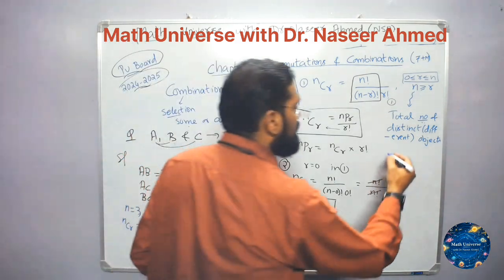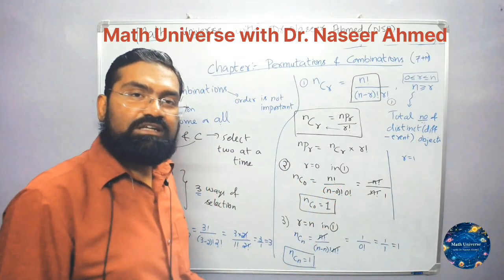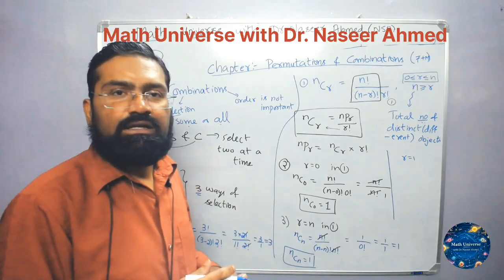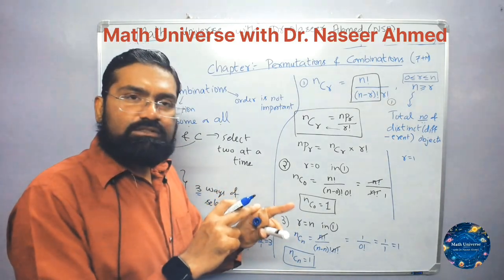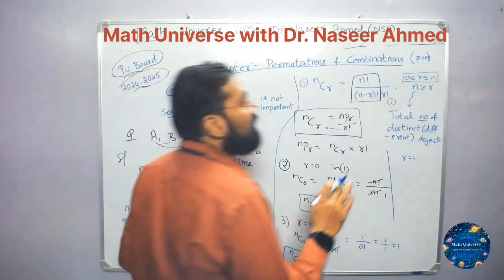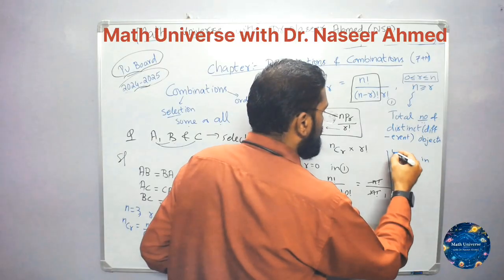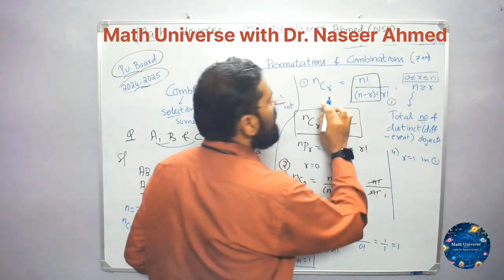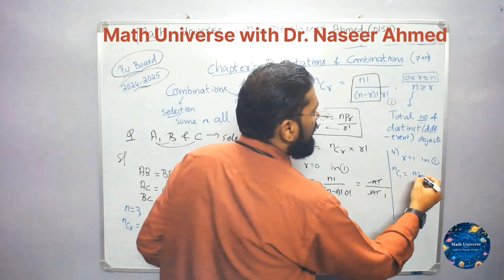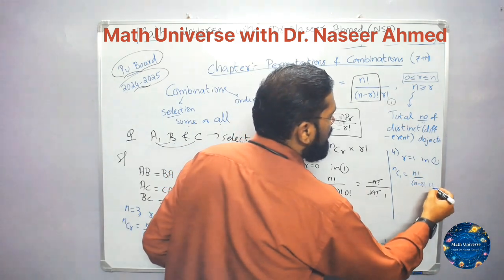One more point. What if r is equal to 1? The number of ways of selecting 1 out of n objects will be n ways. I can select any one of them. So out of 5, I can select the first object, or second, or third, or fourth, or fifth. So 5 ways for 5 objects. This is our point number 4. Put in 1. See carefully. nC1 is equal to n factorial divided by (n minus 1) factorial into 1 factorial.